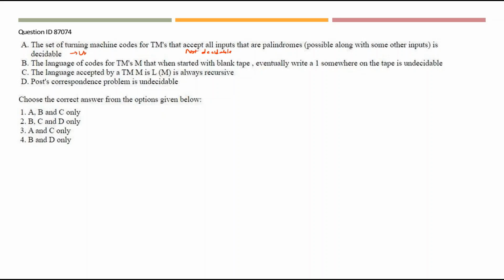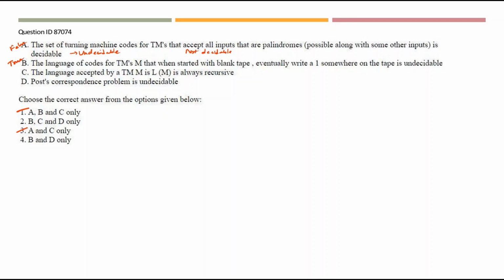So it is an undecidable problem. A is false. Remove the options that have A. The next statement: the language of codes for Turing machines M that when started with a blank tape eventually write a 1 somewhere on the tape is undecidable. This is actually true. All these statements you can find in theory of automata books or articles.